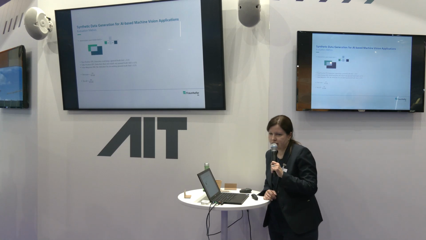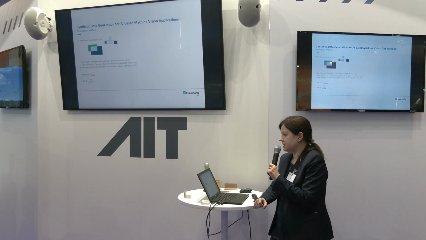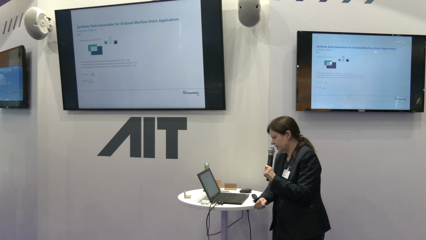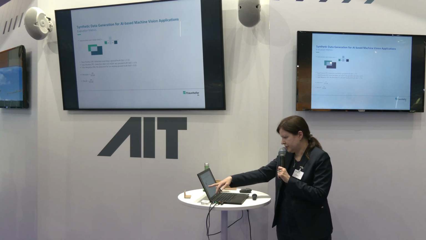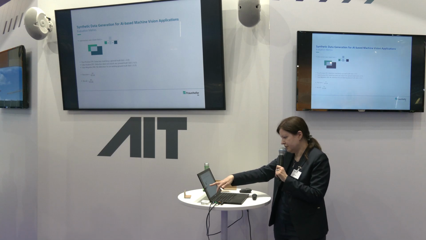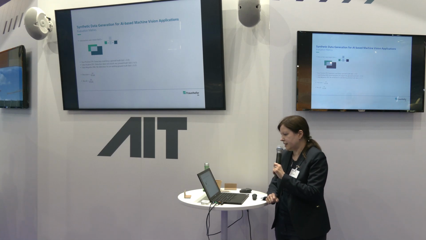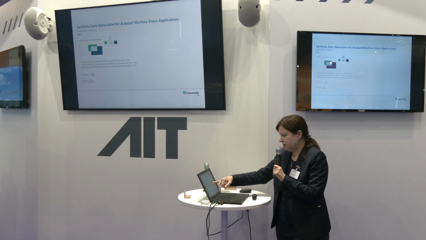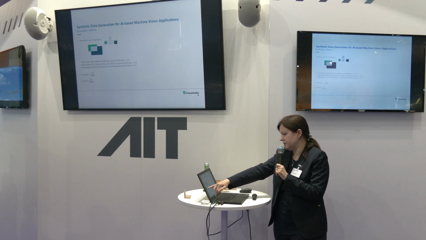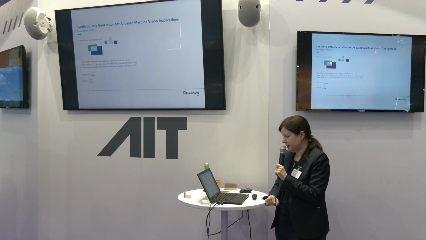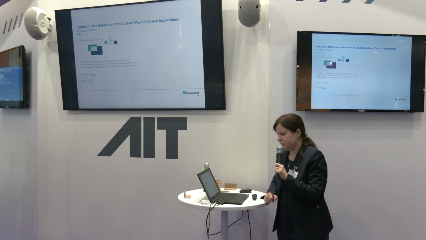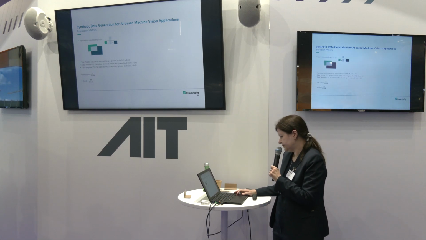How did we evaluate the results? We used the intersection over union. A true positive was when the intersection over union was larger than 0.5. The false positives and false negatives you see here, and we calculated precision and recall.